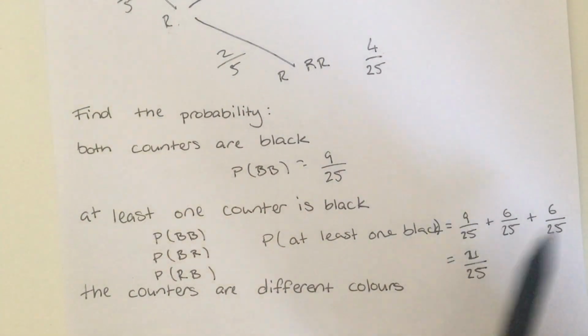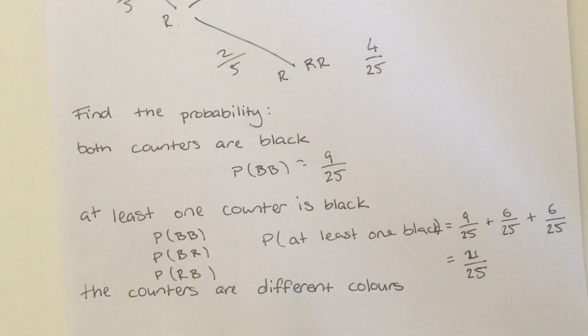So if I add together all these 3 probabilities, I get 21/25. And this is the probability that I have at least one black counter.